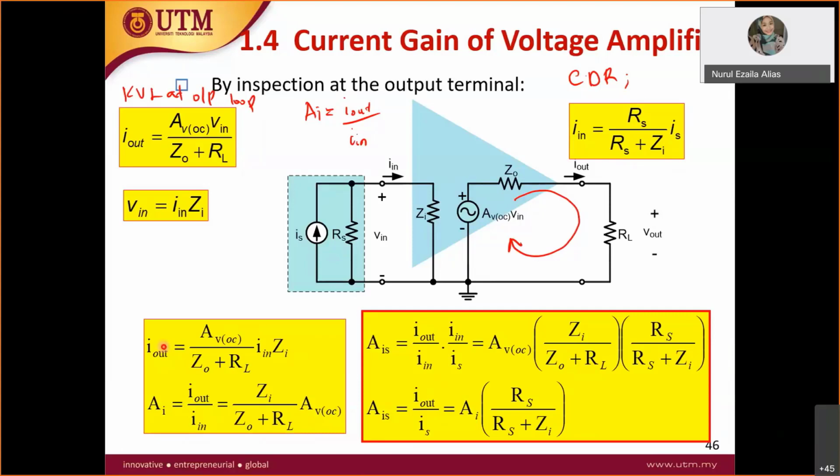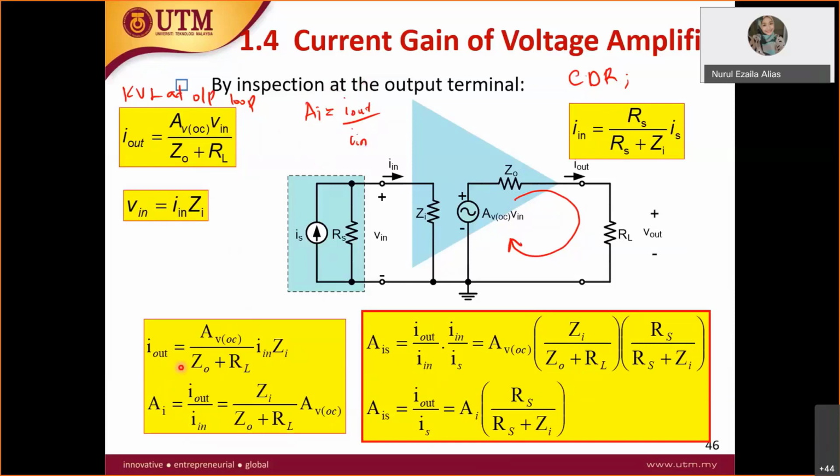You know that I out is equal to AVOC over Z out plus RL, and V in here they replace with I in Z in. Remember your objective is to get the current gain equal to I out over I in.